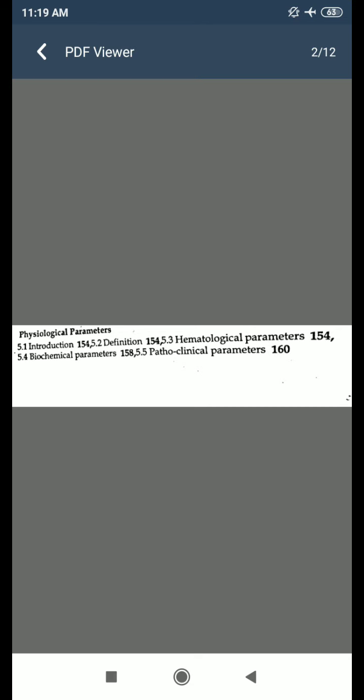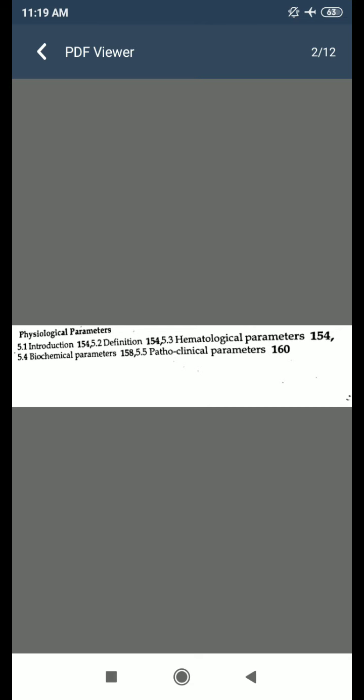Then packed cell volume or hematocrit, then mean corpuscular volume, hemoglobin, color index, then ESR, that is erythrocyte sedimentation rate. Then significance, advantages, example.